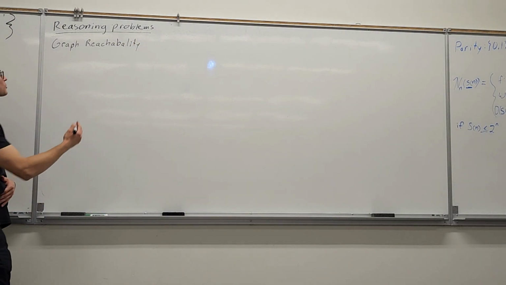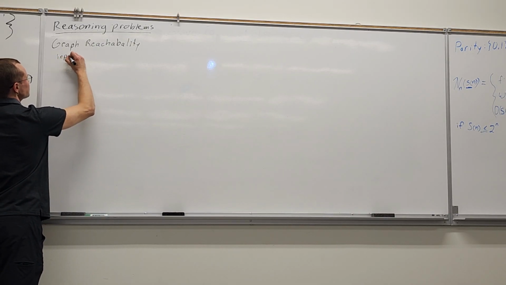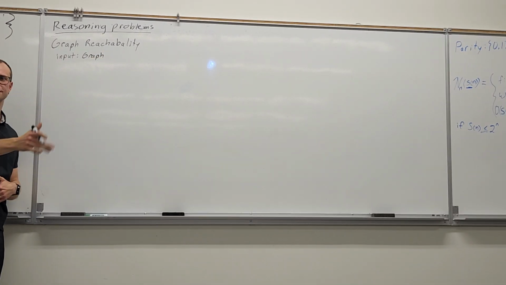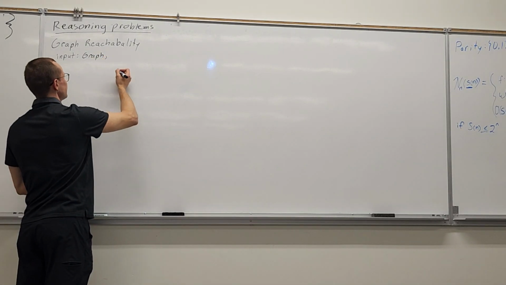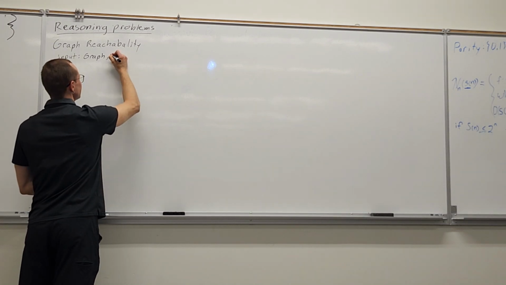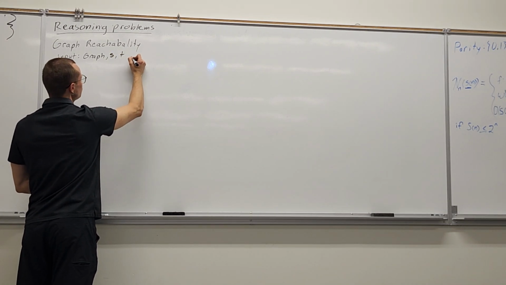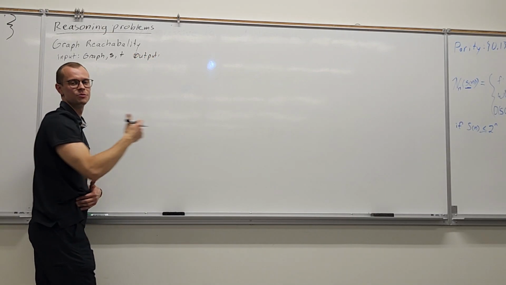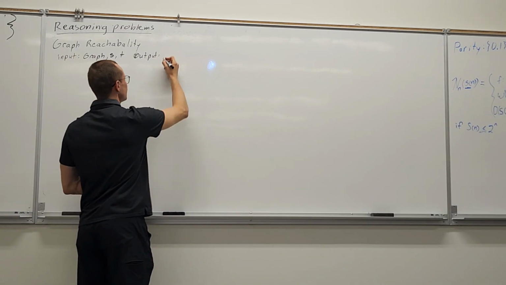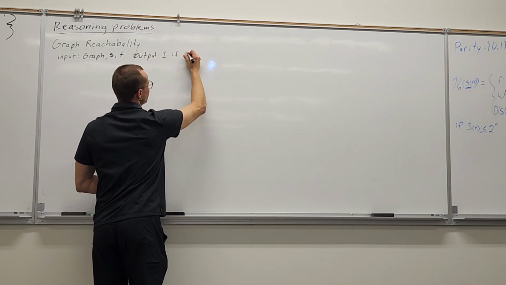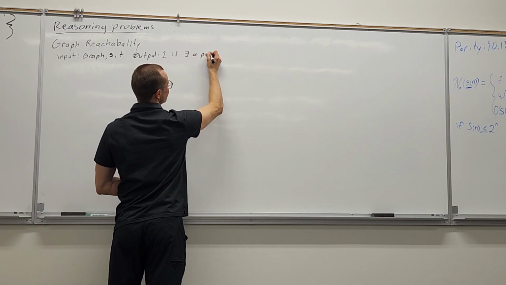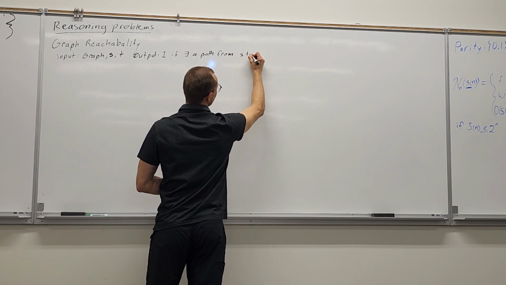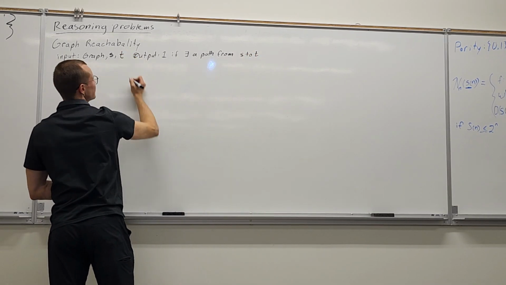The way this works is it will take as input the graph as maybe this adjacency matrix thing and its vertices, describing the edges, and then it also needs to take in a point S and T, and the output should be, and I'm just explaining at a very high level the fact that you can think of problems as functions, the output is going to be 1 if there exists a path from S to T, and 0 otherwise.